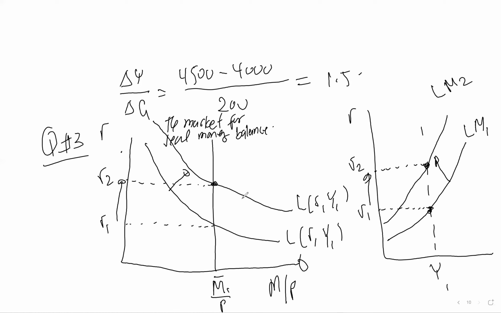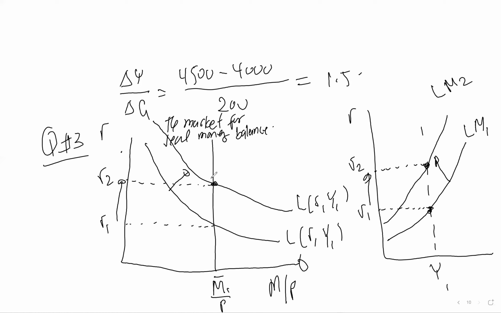So in the liquidity preference model, the money demand curve will lift upward, and this will cause the interest rate to increase. At the initial value of income, the interest rate must rise to restore a new equilibrium in the money market.